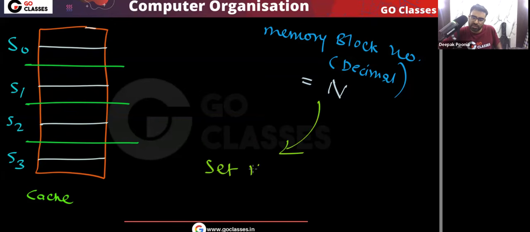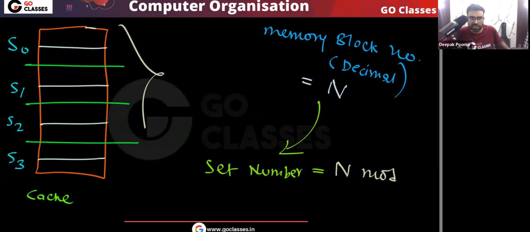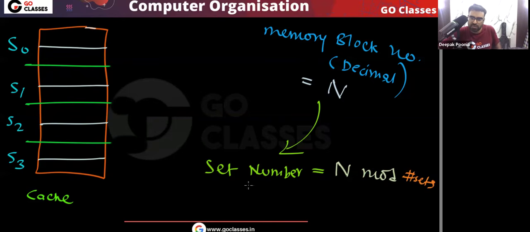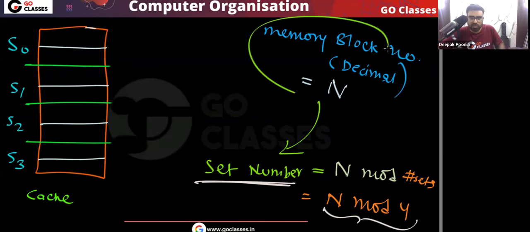Set number is equal to the block number in decimal mod the number of sets, where mod is the remainder operator. Here the number of sets is equal to 4, so this will be n mod 4. This gives you the set number to which the block will map.